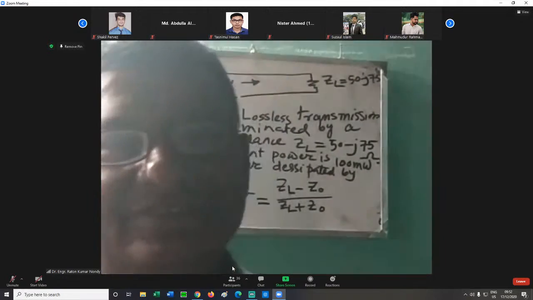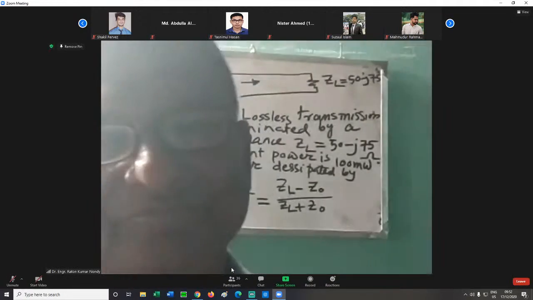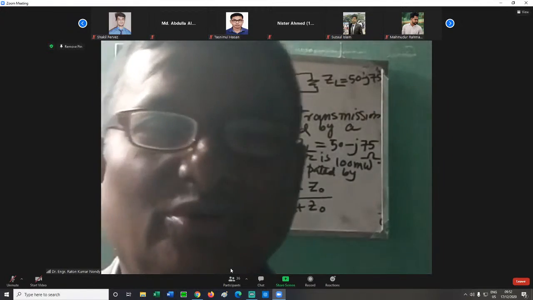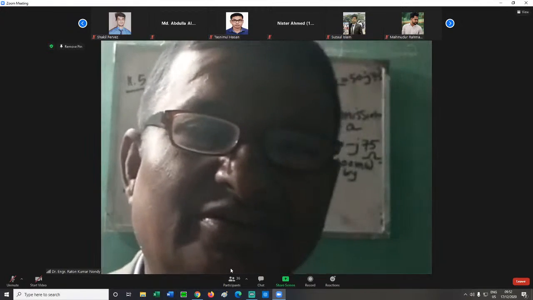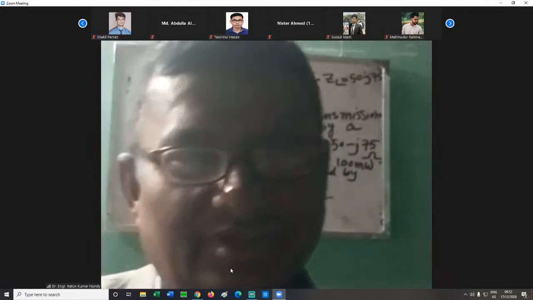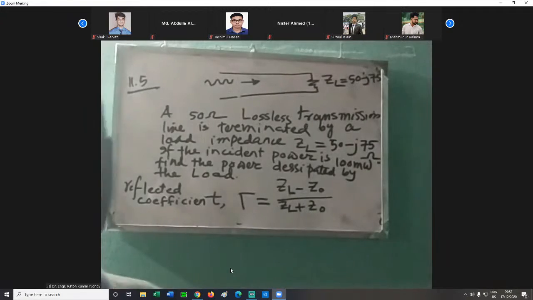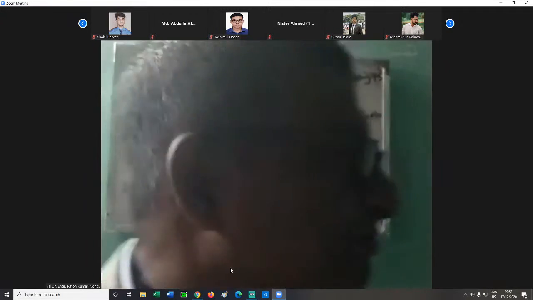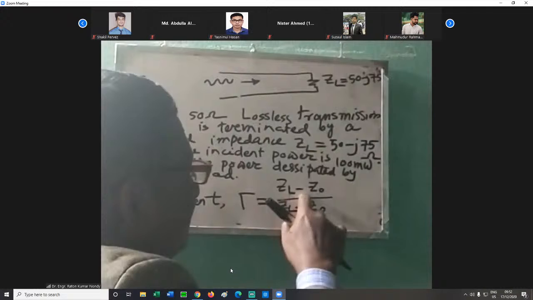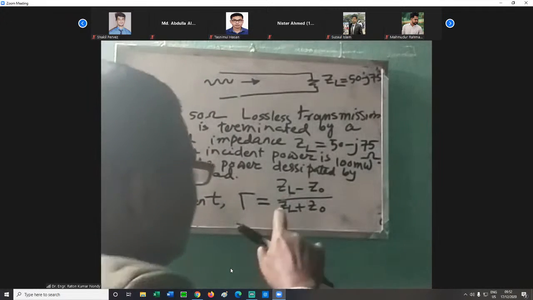Some will be lost, some absorbed. That measurement factor is called the reflection coefficient, given by ZL minus Z naught divided by ZL plus Z naught.